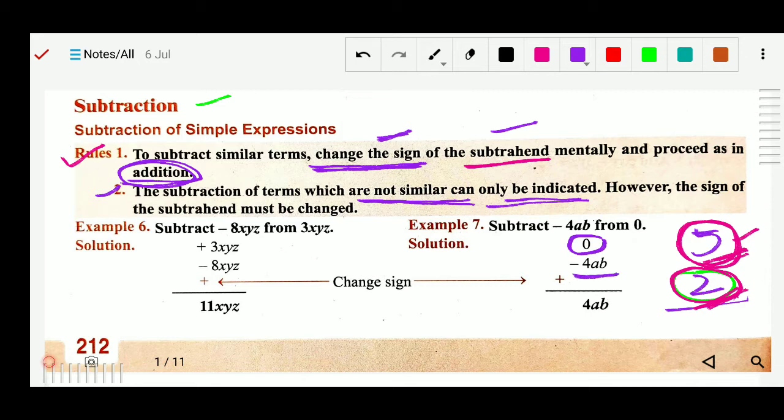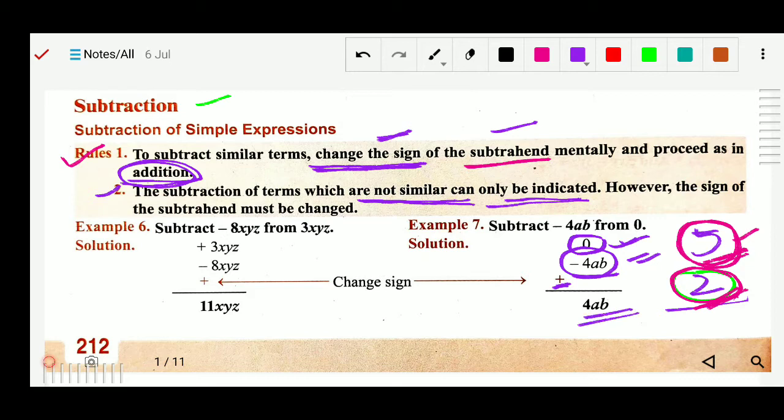Can we subtract from 0? No, because 0 is nothing. These two are not similar terms, 0 and 4ab, but we will change its sign. So minus 4ab becomes plus 4ab. The answer is 4ab.